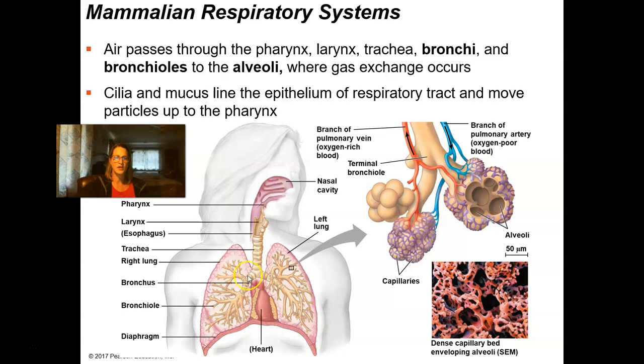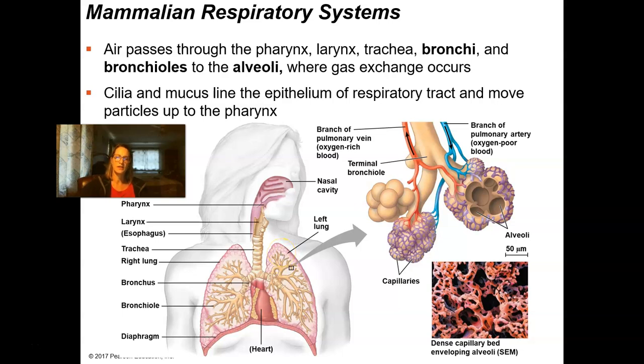So the trachea branches into two large bronchi, and those bronchi then branch into smaller tubes called bronchioles, which eventually terminate in these structures called alveoli. Singular would be alveolus, but a group of them together is called alveoli, and those are at the terminus of every single one of these little bronchioles.